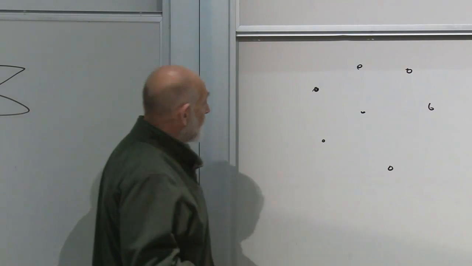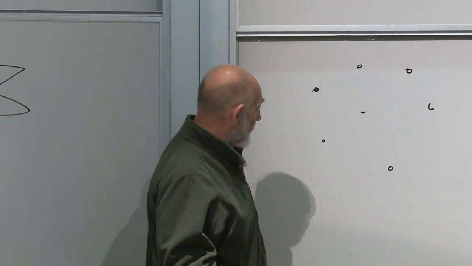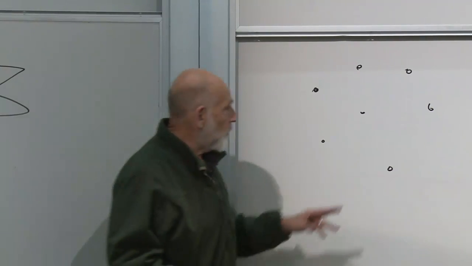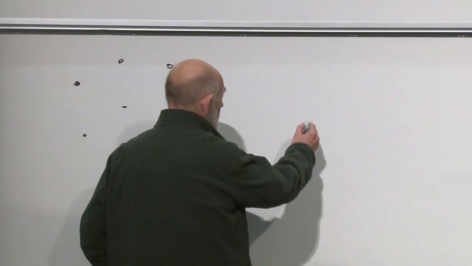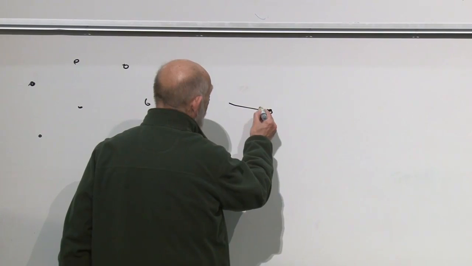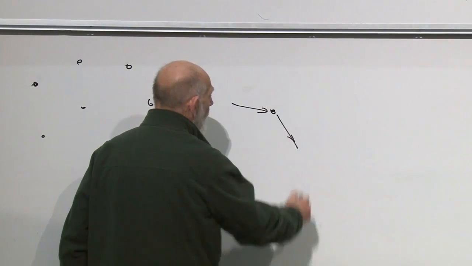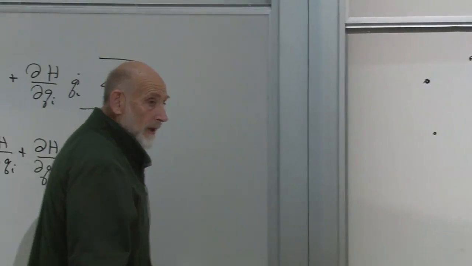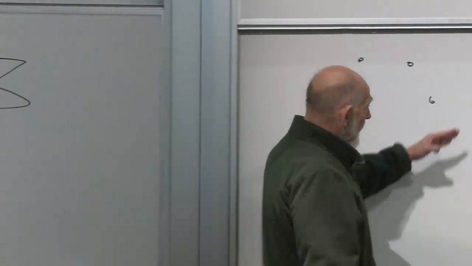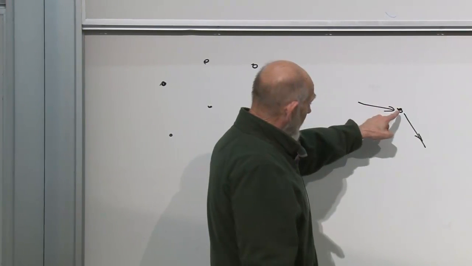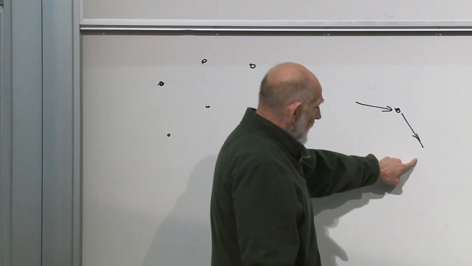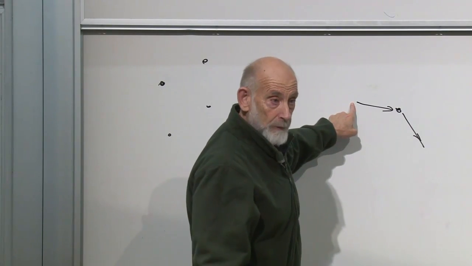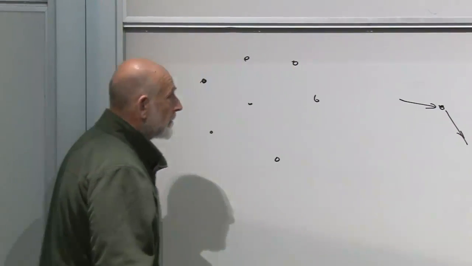We gave some examples of good laws of physics. I'm not going to draw a good law of physics, but what is true of a good law of physics is that at every point, what flows in must flow out. Every point has an arrow coming in and an arrow going out. If you're at this point, you know where you'll be next, and you also know where you were just before, unambiguously.